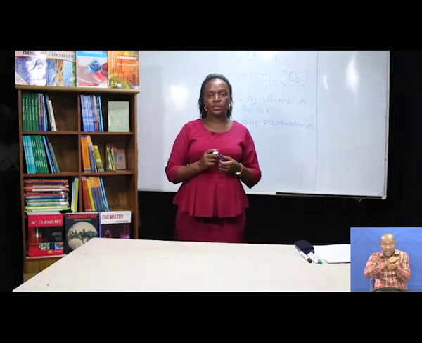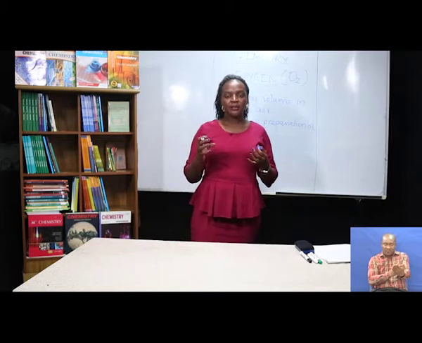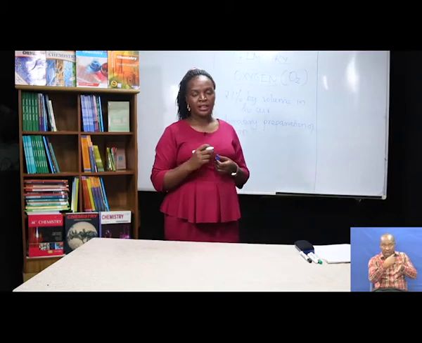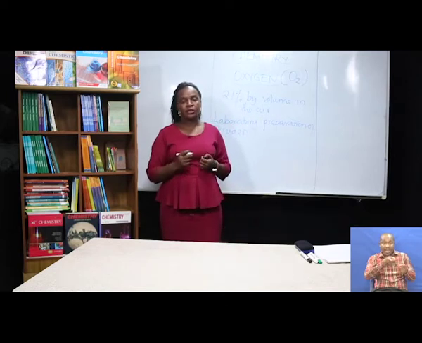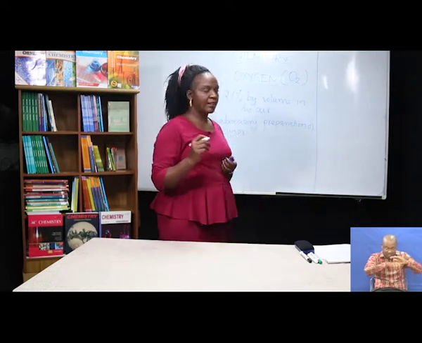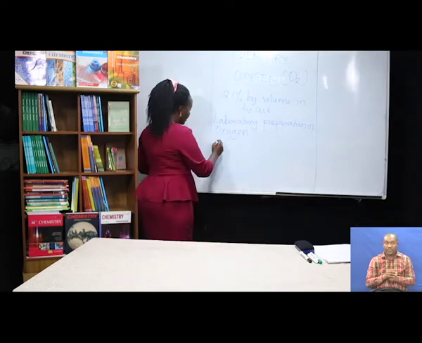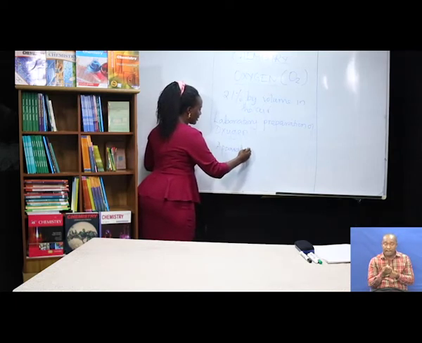Before we see the diagrams for preparation of oxygen, let us first identify the apparatus and the chemicals that you are going to use during the preparation of oxygen in the laboratory.